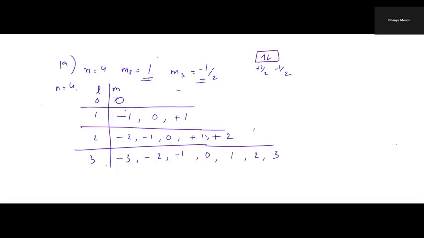We'll not look at the sign for the magnetic quantum number. Here we have 2 of them, here 2 of them, here also 2 of them. In each of them, one will have plus half, the other minus half. So we have 2 plus 2 plus 2, that is 6 electrons.